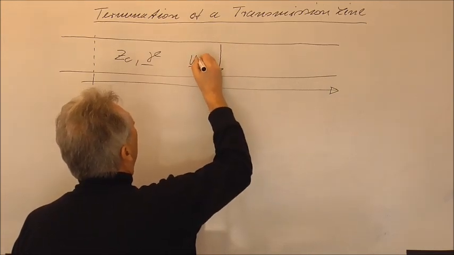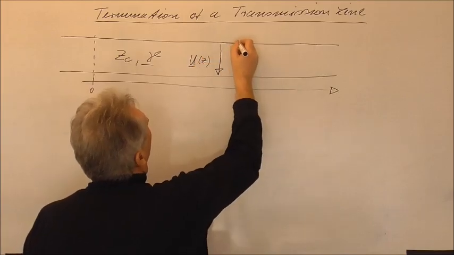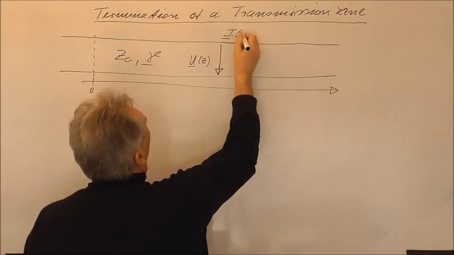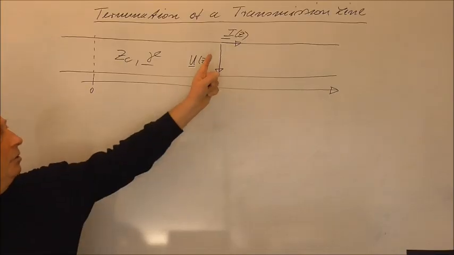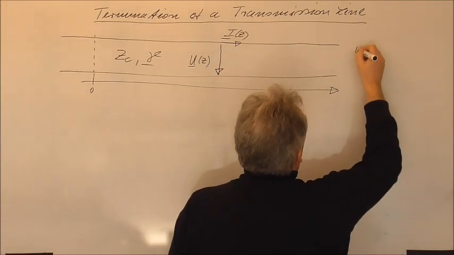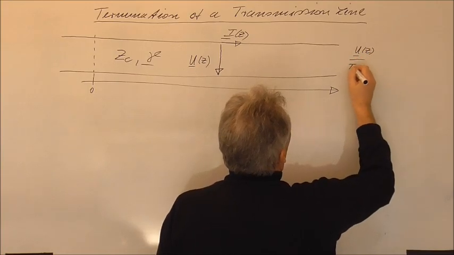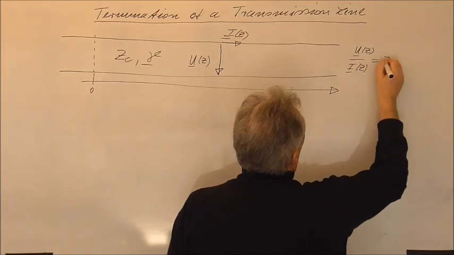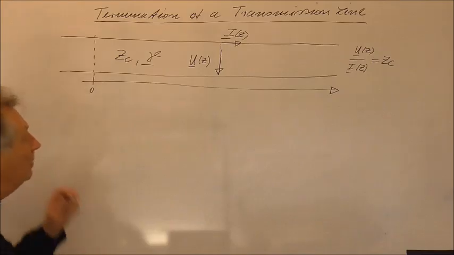the voltage u of z, and in this point the current I of z, and the ratio of the voltage over the current, u of z over I of z, will always be equal to Zc, the characteristic impedance of the transmission line.